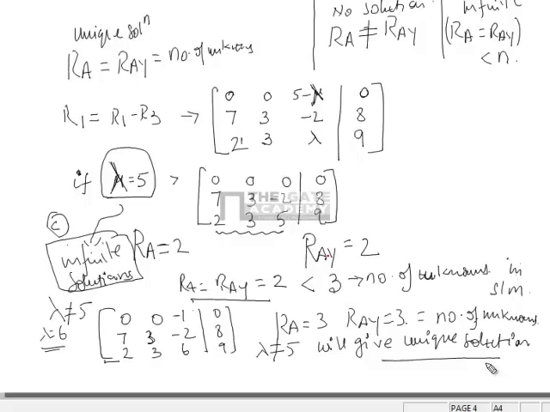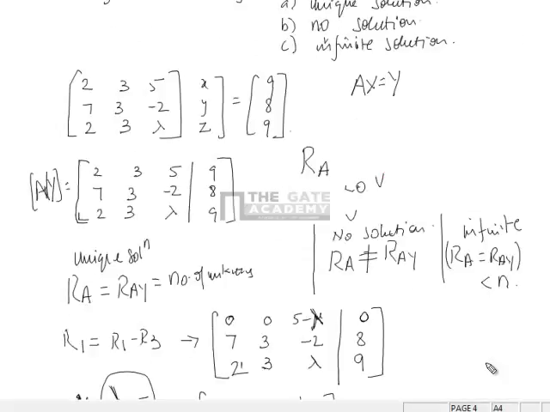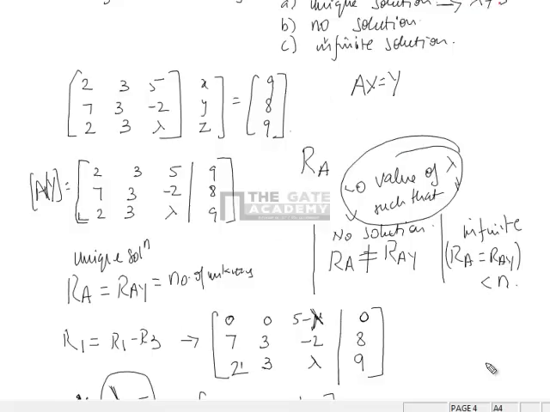That means for any value of lambda, I have a solution. So there is no value of lambda such that I get no solution. So for part B, the answer for unique solution is lambda not equal to 5.